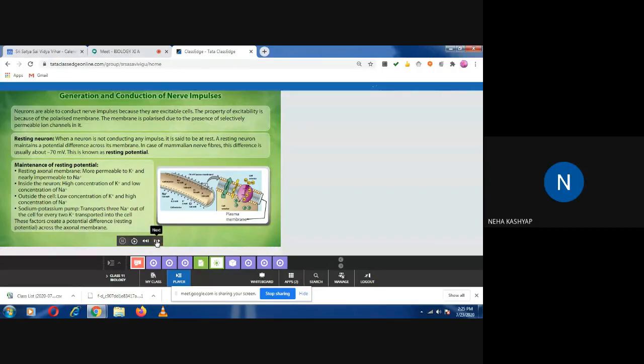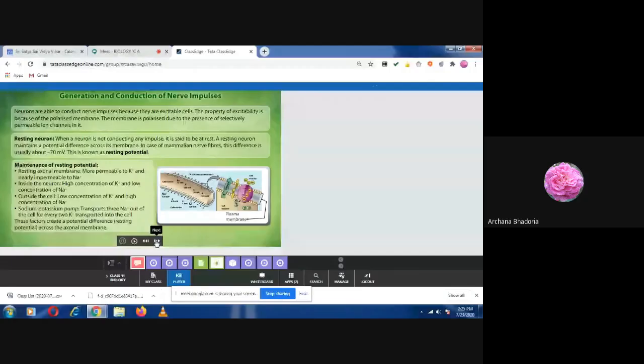Ma'am, can you repeat the question? I'm asking where we find the potassium ions more and where the sodium ions. Sodium ions are more outside the cell and potassium are high inside the cell. Inside the cell membrane. Correct.